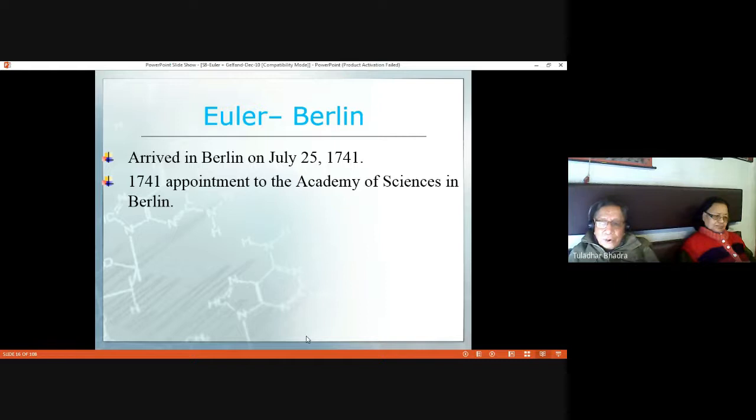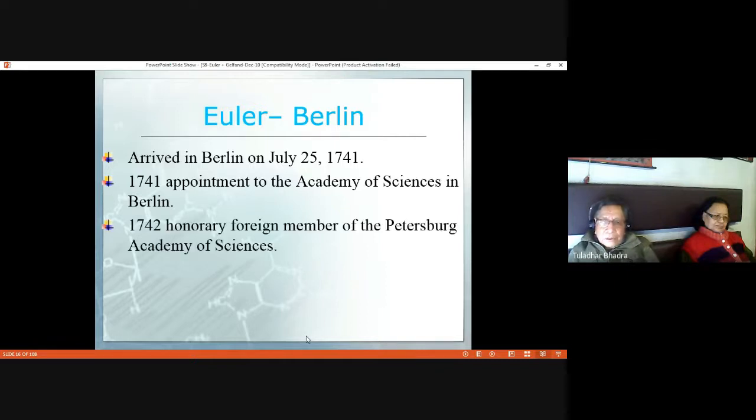In 1742, he became an honorary foreign member of the St. Petersburg Academy of Sciences because he was a Swedish citizen. That academy was very strong at the time, more stable than the Academy of Sciences in Berlin. The Berlin Academy was very huge, but the St. Petersburg Academy was very deep.